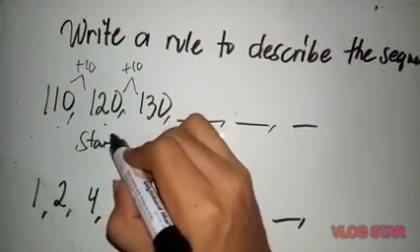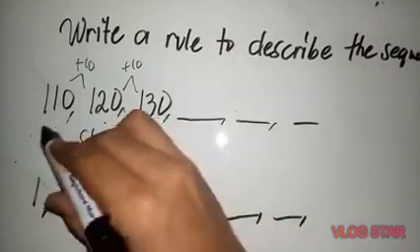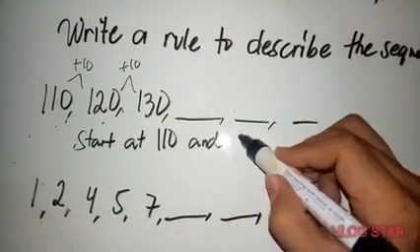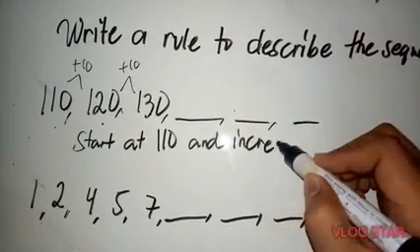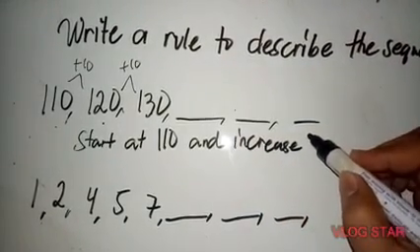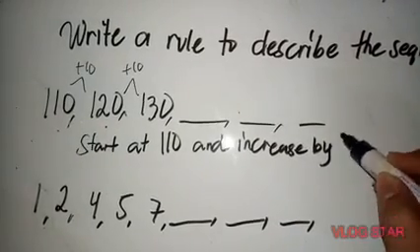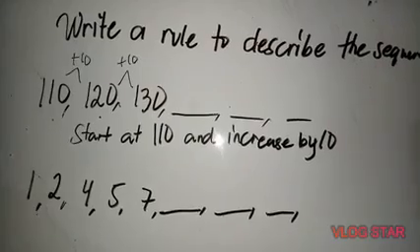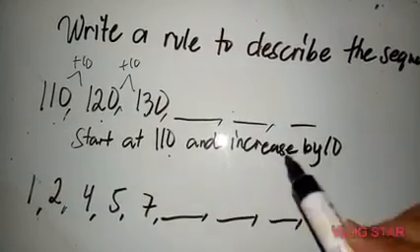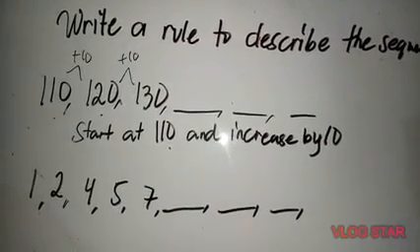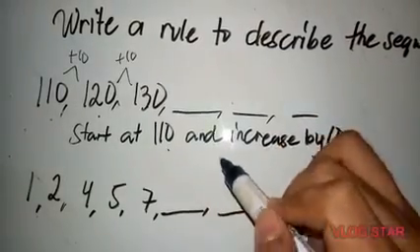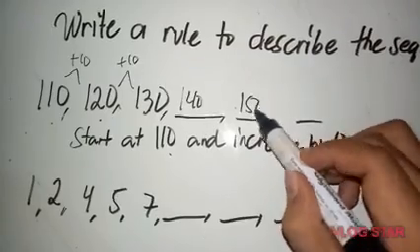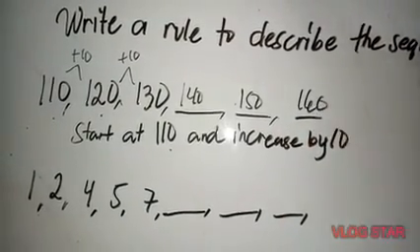Start at 110 and increase by 10. So that is the rule. If it is increasing by 10, then the next terms would be 140, 150, 160.